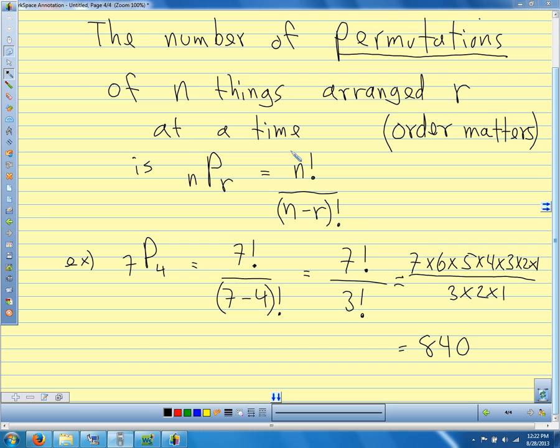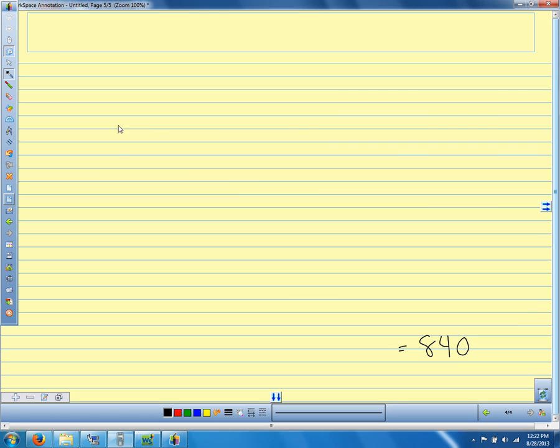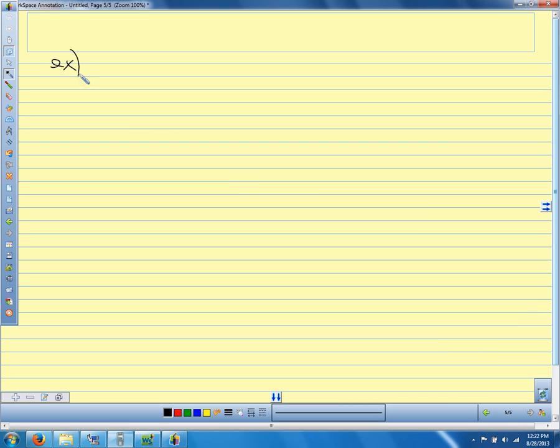All right, so let's do another example using permutations, and then we will talk about one other way of counting, and then we'll be done. So this is the example I mentioned before, we have 10 people in a race.